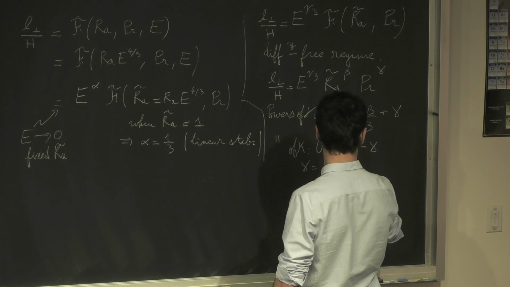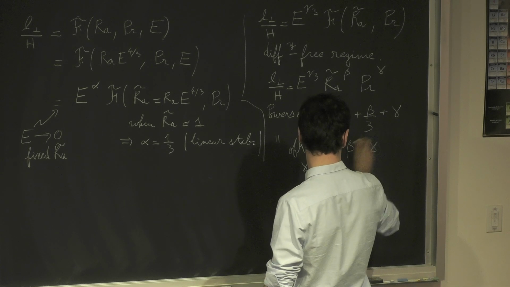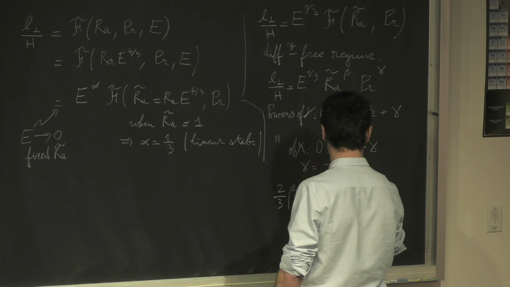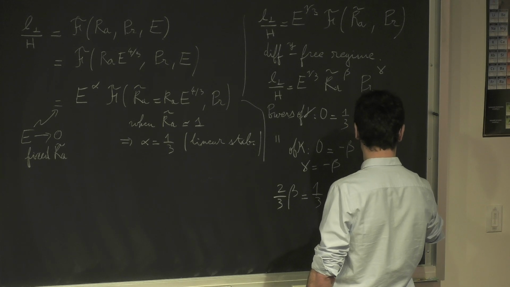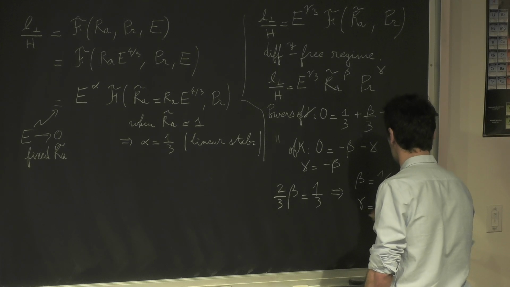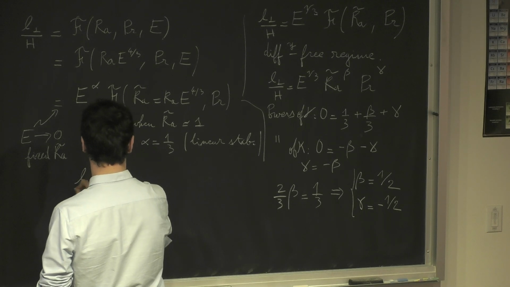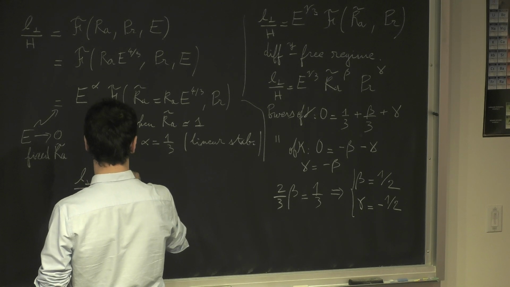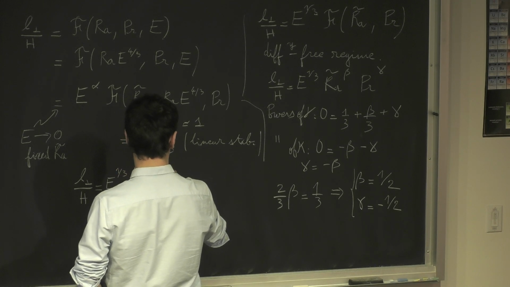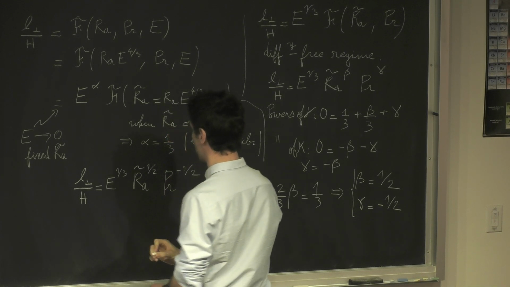So gamma is minus beta, and I get that 2/3 of beta equals 1/3. So beta would be 1/2, and gamma would be minus 1/2. Okay? So this would mean that L perpendicular over H is Ekman to the 1/3, Rayleigh tilde to the 1/2, Prandtl to the minus 1/2.